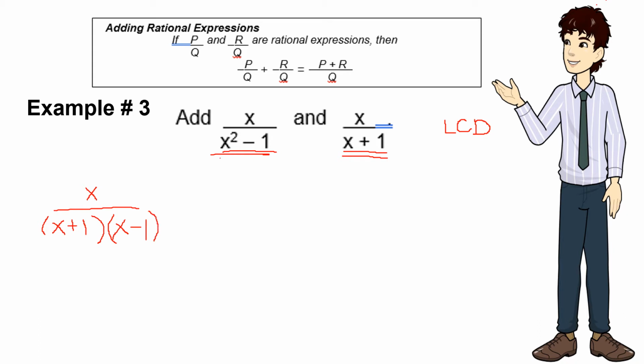So, ito yung kanyang factor. Okay, so we have plus x over x plus 1, yung other denominator, then x sa taas. Okay, so we have 3 binomials as our denominator: x plus 1, x minus 1, and x plus 1.